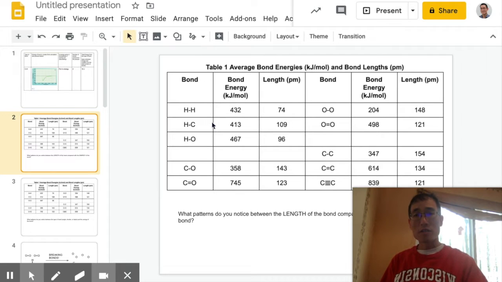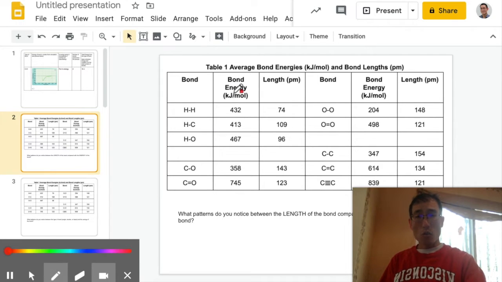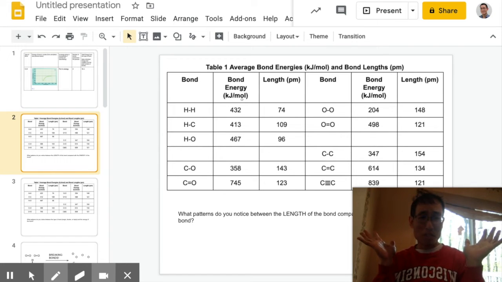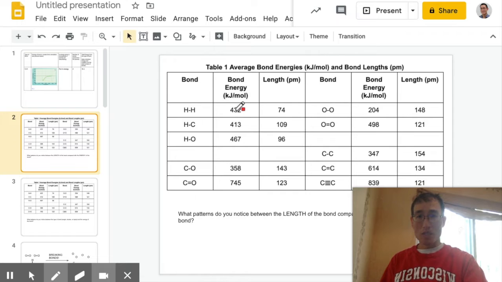The reason for that is they measure it in kilojoules. 1,000 joules is 1 kilojoule. It's hard to measure one bond, so they measure a bunch of bonds, and they use this number called the mole. You don't have to know about that, but it's basically millions and millions of bonds, and they figured out about how much energy it takes to break that many bonds.